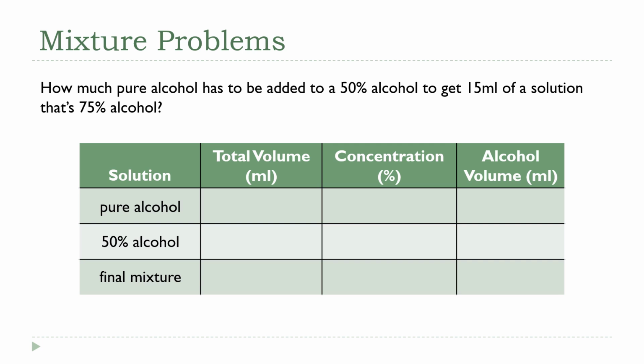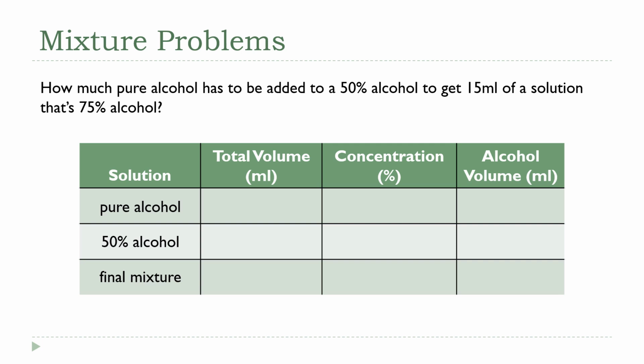Now, the way I've set the columns up, there's the total volume, the concentration, and the alcohol volume. And I want you to think about this for a second and really convince yourself that we can multiply across the rows. If I take the total volume of the solution, multiply it by the percentage of the solution that's alcohol, I get the volume that's alcohol.